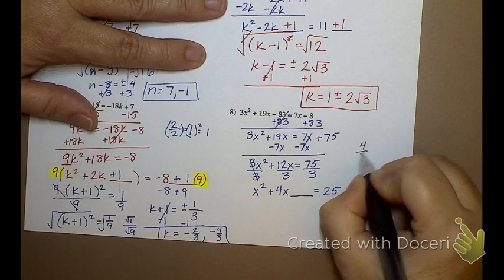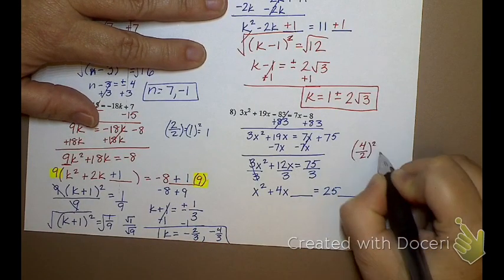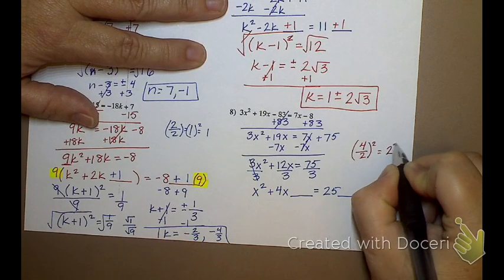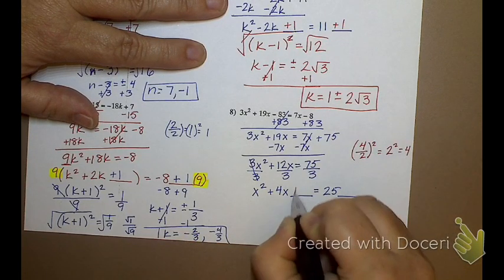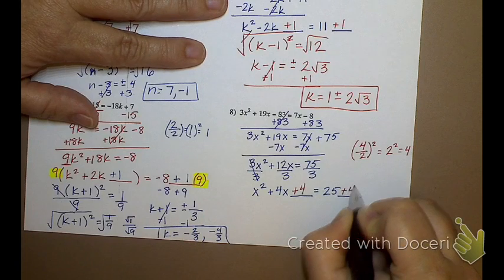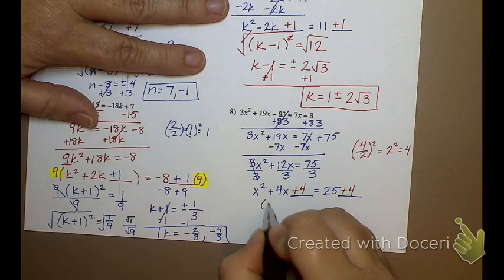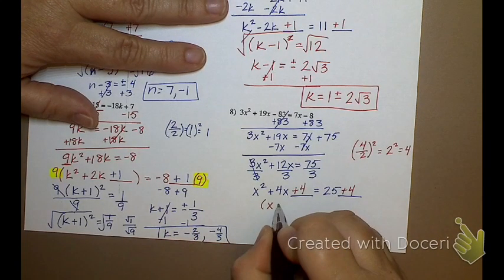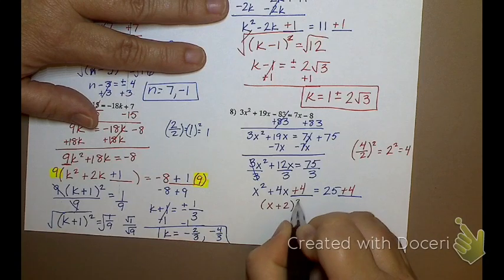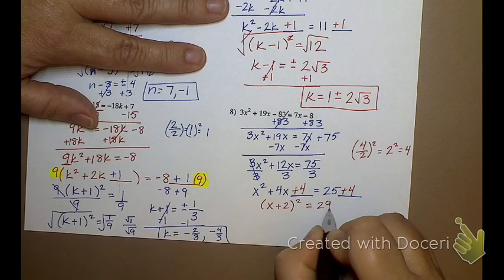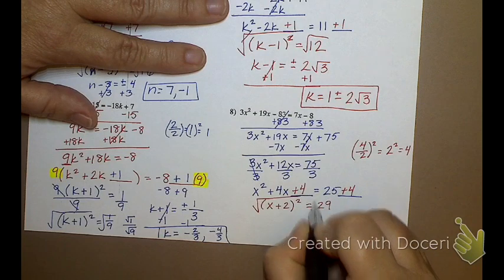4 over 2 squared is 2. When I square it, that gives me 4. So I have x plus 2 squared equals 29. Square root both sides.